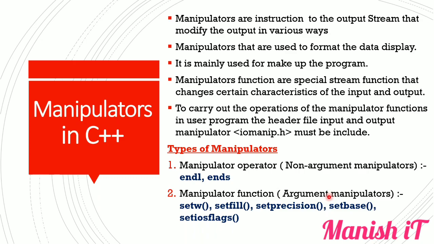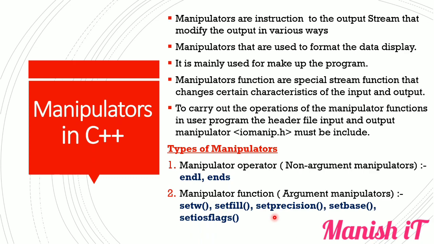That's why cout is also used to format output, and cout belongs to iostream.h. I already told you that all these manipulators work on cout. One interesting thing is that whenever you use manipulators, you have to use iomanip.h, and while iomanip.h is there, there is no need to use iostream.h, because iomanip.h also works on cout output.